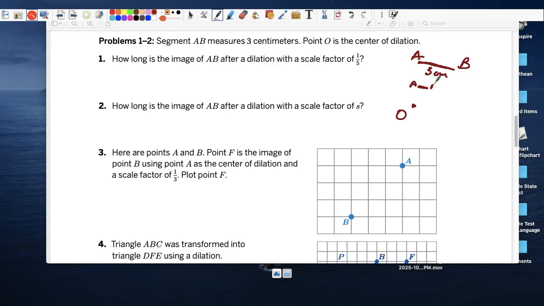How long is the image after a dilation of 1/5? Well, take 3, multiply by 1/5, and it's going to be 3/5. So that measures 3/5.